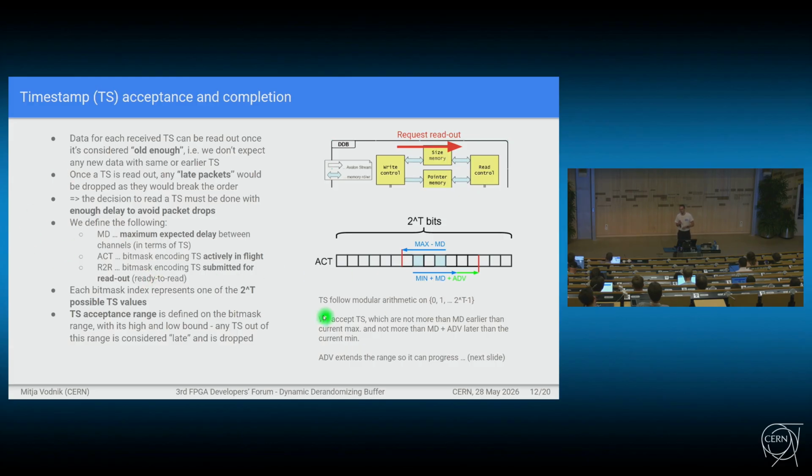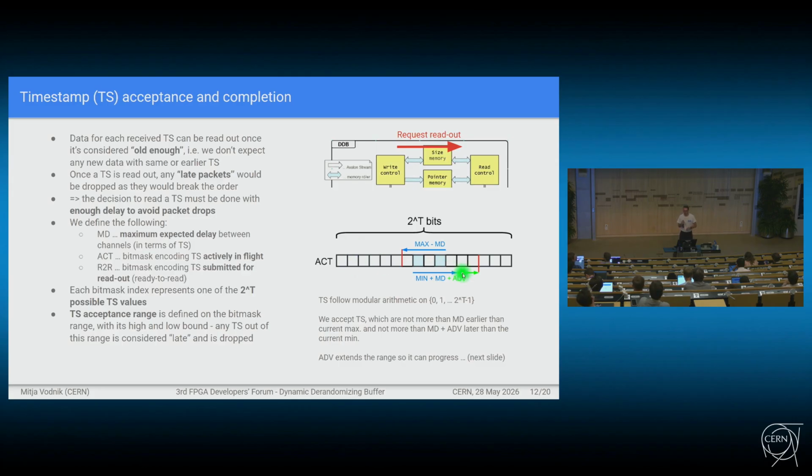And since timestamps are a limited number of bits wide, they have a limited range of values. They basically follow modular arithmetic. So I define this range on the total timestamp value range, and I consider everything outside of this range to be a late timestamp.